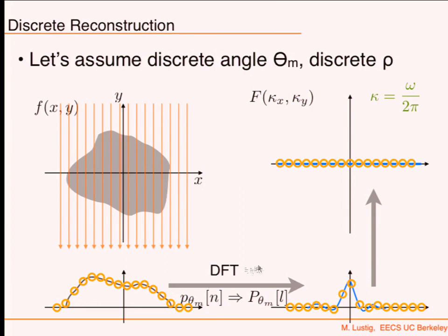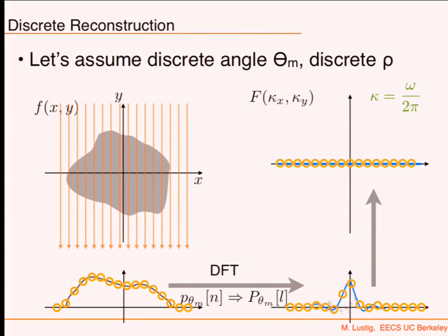I compute the DFT now. And in this case, I'm computing the centered DFT. So it's slightly different. It's the centered DFT, where l equals 0 is in the middle. That's the DC. So it's not the usual thing where l equals 0 is at that side. So centered DFT.